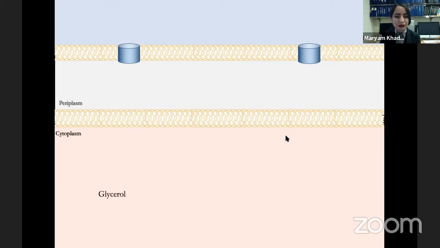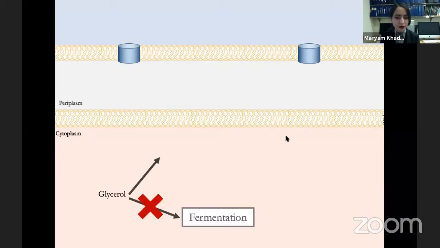To test that, I used glycerol. Glycerol is a non-fermentable carbon source, meaning that it cannot be fermented and the cells need to run an active electron transport chain to be able to use glycerol as their carbon source and grow on it. In this form, glycerol would be converted to glycerol 3-phosphate.